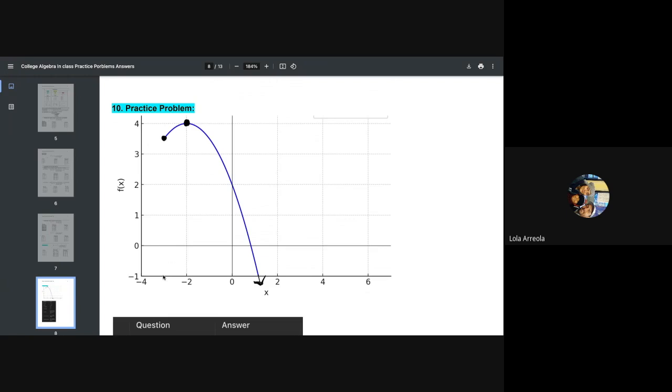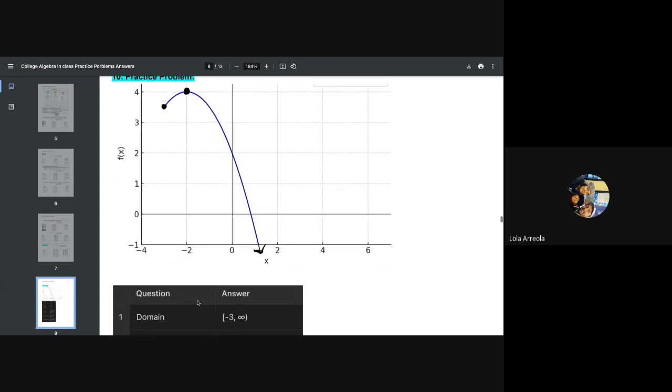Left to right, domain. Again, I'm talking about domain, so I'm looking at my x value. It starts at x equals -3, and where does it end? Scanning left to right, what is my rightmost value? Oh, I have an arrow. Can I bound an arrow? I cannot. So what is my rightmost value? Well, if that arrow is continuing on forever, that means this graph is going on forever and ever as I go towards positive infinity.